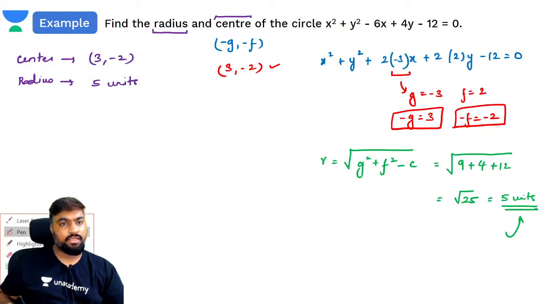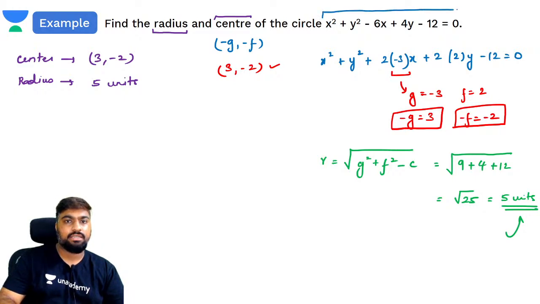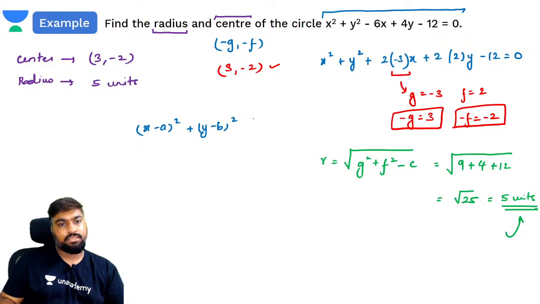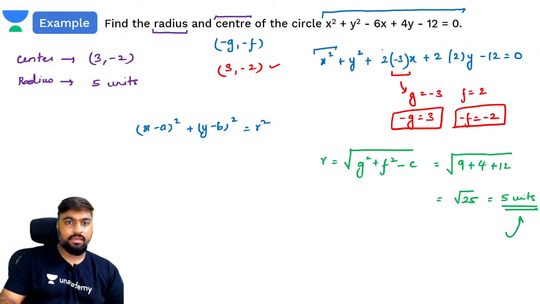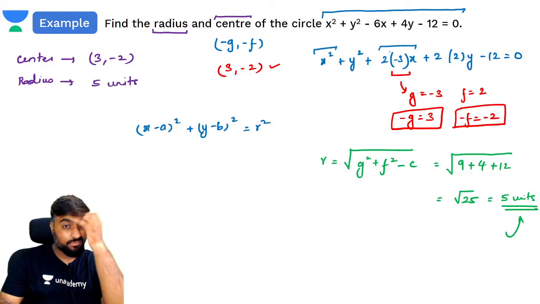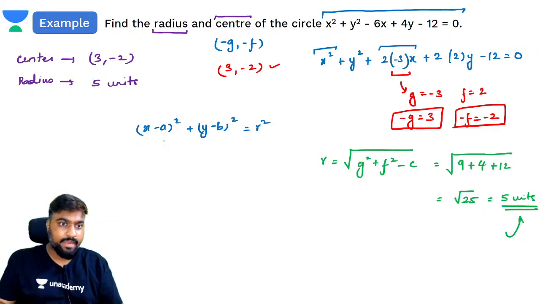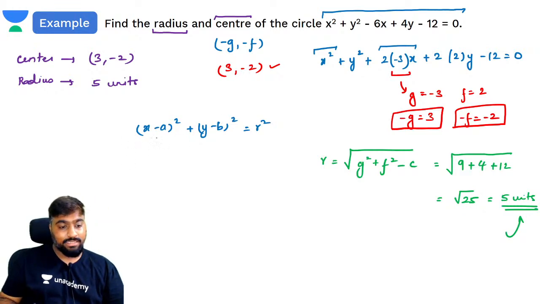Alternatively you can also write this equation by completing the squares, in the form of x minus a square plus y minus b square is equal to r square. x minus a the whole square के form में लिखना है आपको. This is just an alternate method.